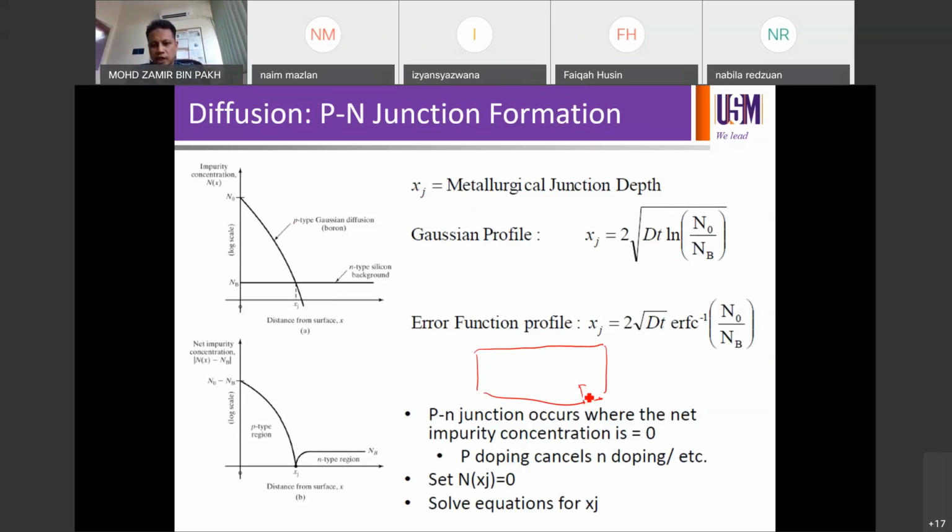For example, if you start with P silicon and you want to fabricate source and drain on your MOSFET, you want to know the depth of your channel into the silicon. Or if you fabricate a solar cell, you want to know how much emitter depth you have diffused into silicon.